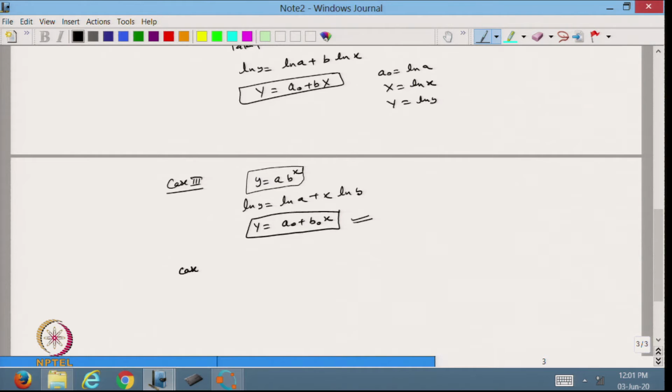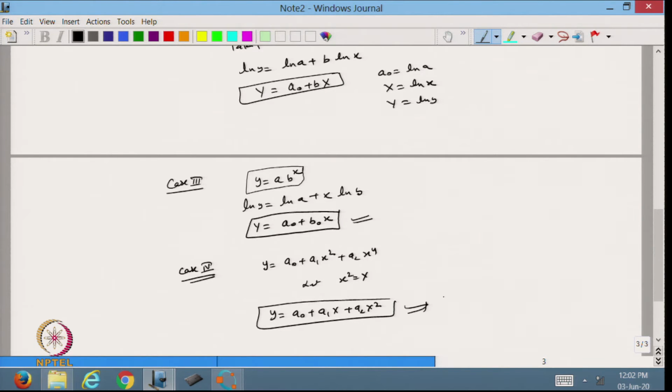Maybe I can take case 4, let the data pattern be of this type, suppose a0 plus a1 x square plus a2 x4. So, this is a 4th order polynomial. So, in this case, what I do is, let me put x square is equal to X. So, from here I will get y is equal to a0 plus a1 X plus a2 X square, and that we know how to find.